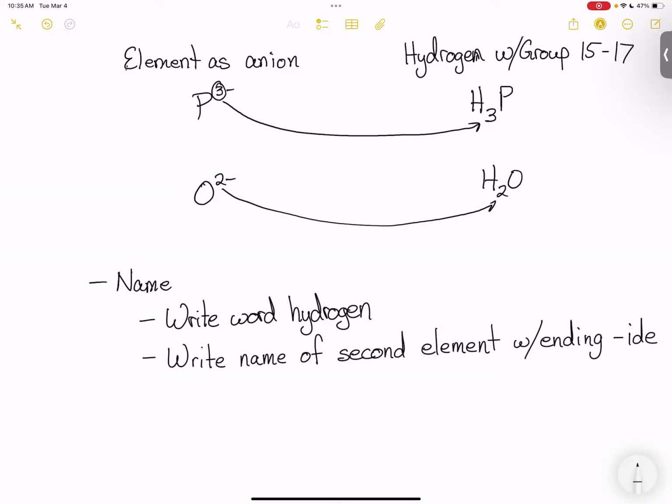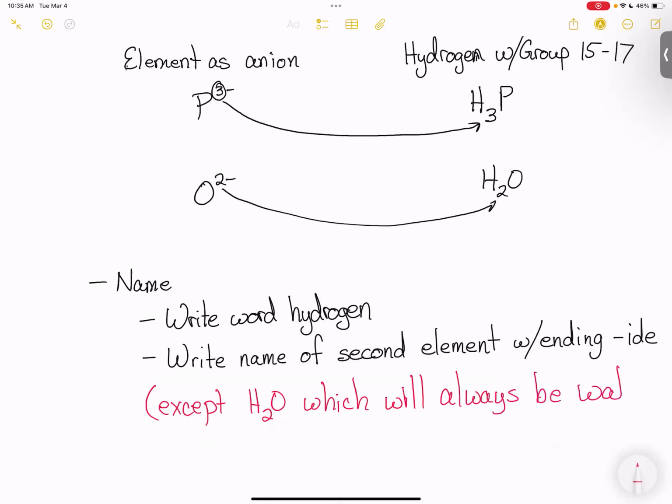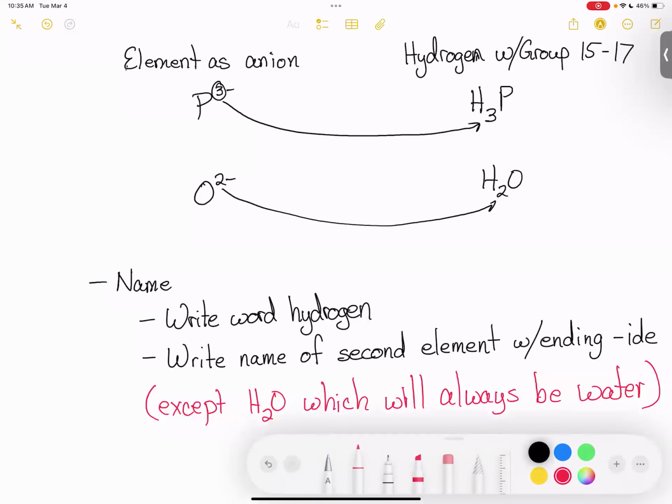This is going to be true with one exception. That exception is H2O, which will always be water.